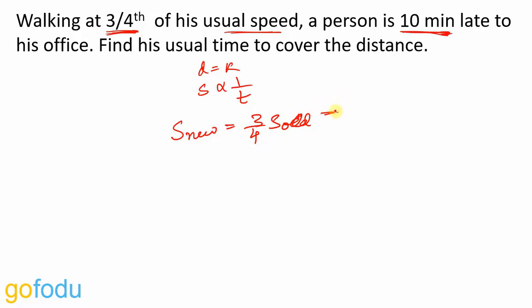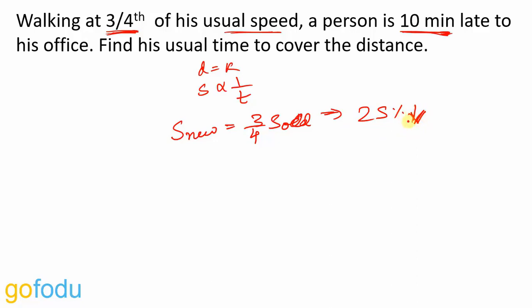That simply means a decrease of 25%. 3/4 is 1 minus 1/4, a decrease of 25%. So speed decreases by 25% and speed and time are inversely proportional.